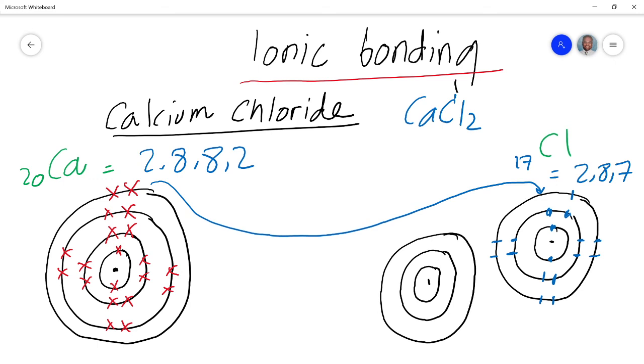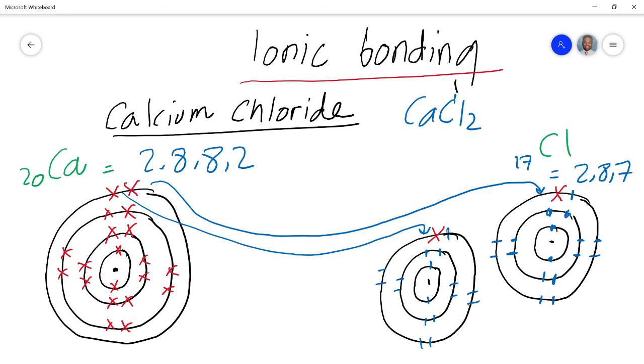So you've got 2, you've got 8, and you've got 7. What happens is 1 electron goes to 1 chlorine and the second electron moves to this chlorine. So really, that X is the electron from calcium, and you've got the other X from calcium.